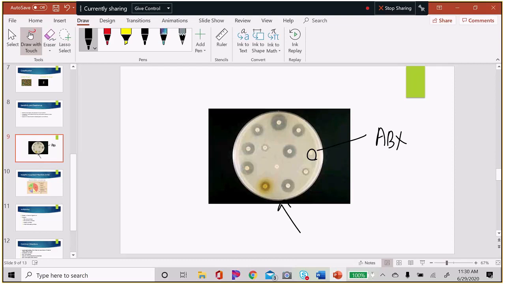Then we watch and see if, spreading off that plate of antibiotics, we see destruction of bacteria, then we know that that antibiotic would be effective against that bacteria. So you can see some of these look like they would be better than others. Like this one is killing bacteria around it, but certainly not as well as the one next to it. And this one, there's a tiny bit, but really not well at all. And this one looks like the bacteria is resistant.